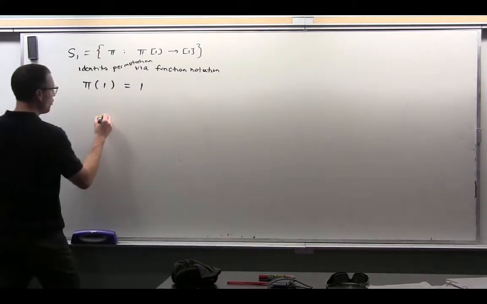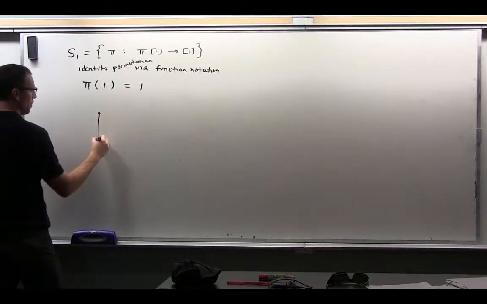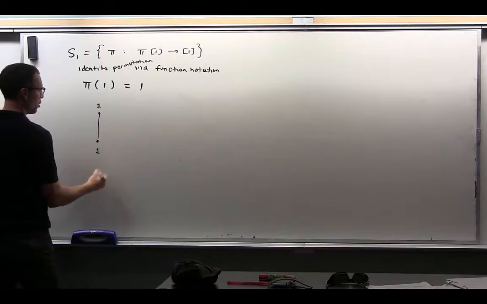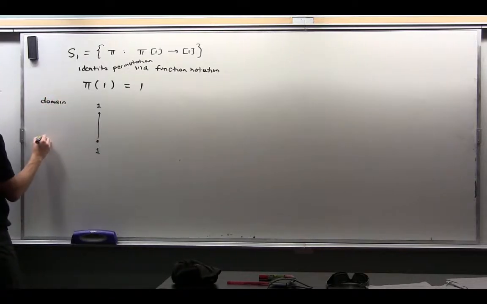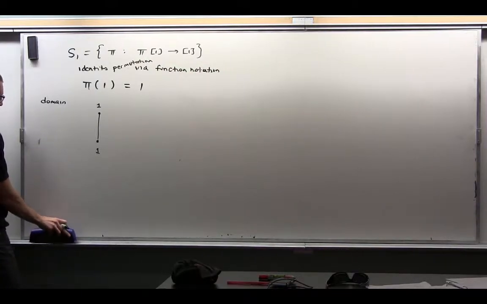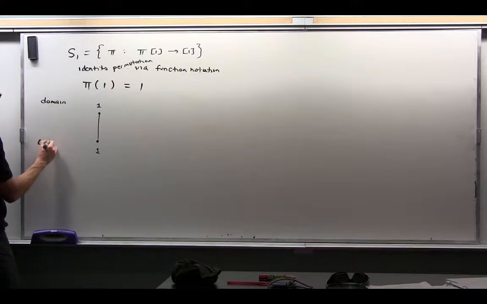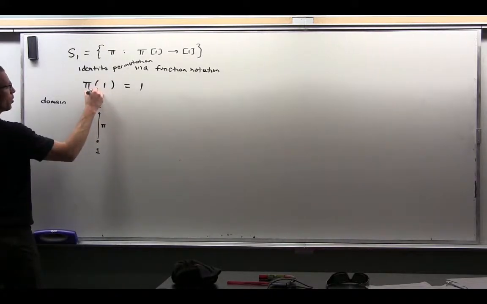I wanted to show you a few different ways to visualize. Actually, I'm just going to show you one today. This is another way to visualize this permutation. You could think about this as the domain space, and you could think about this as the codomain. And then here we have our first permutation, the identity permutation.